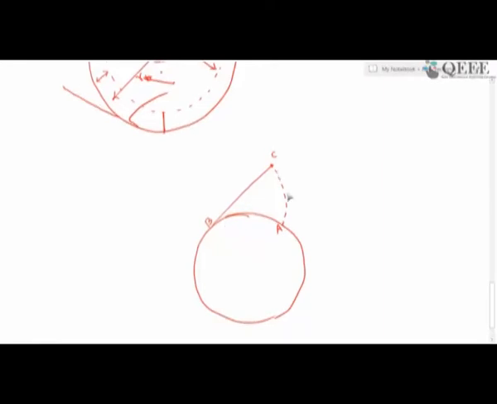But in the wound condition, when the string was wound up, this same amount of string would have occupied the portion of the circumference of the circle as BA.